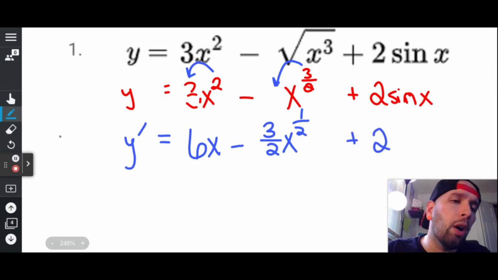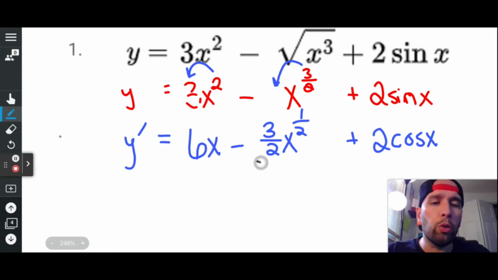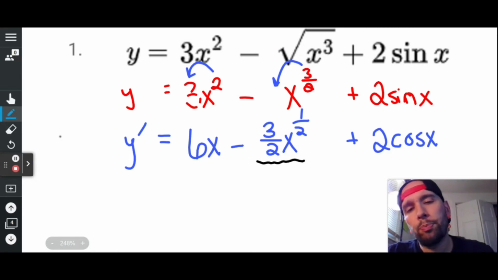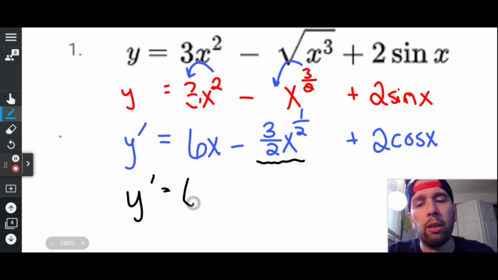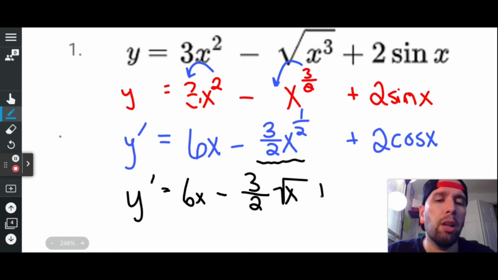And the derivative of sine is cosine. So cos x. And all I'm going to do is just rewrite this guy right here. So y prime is going to end up equaling 6x minus 3 halves root x plus 2 cosine x.